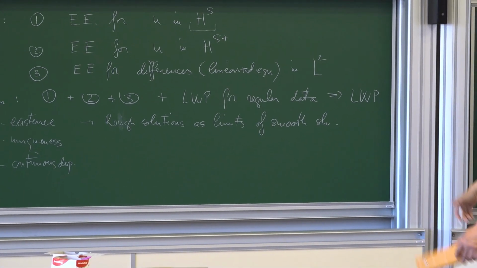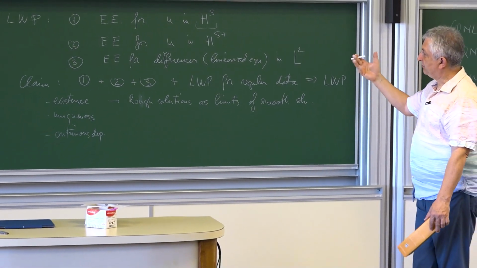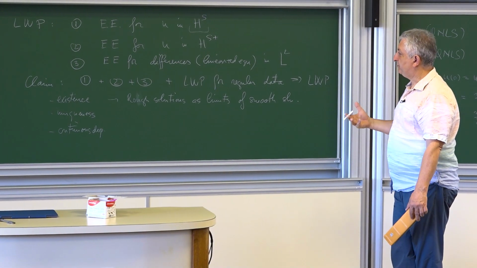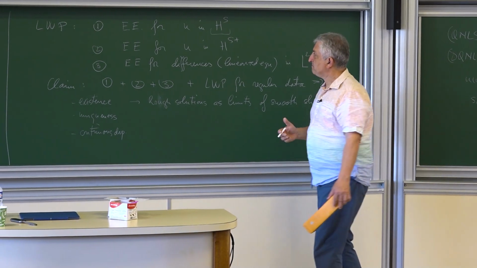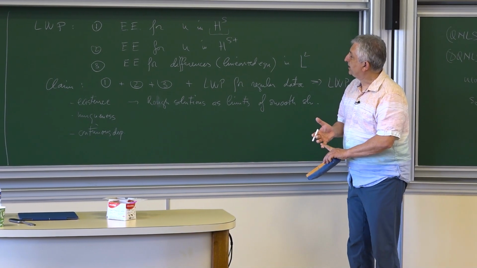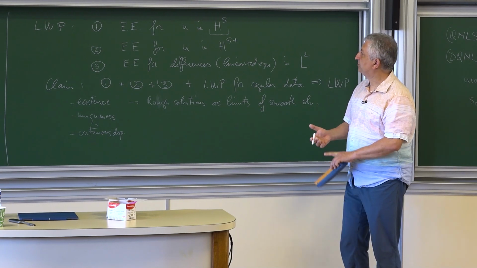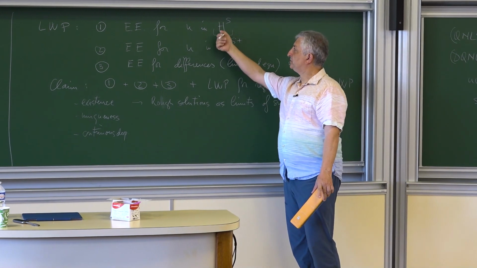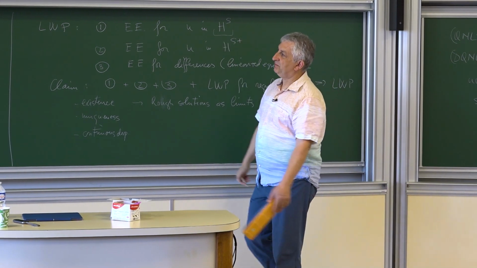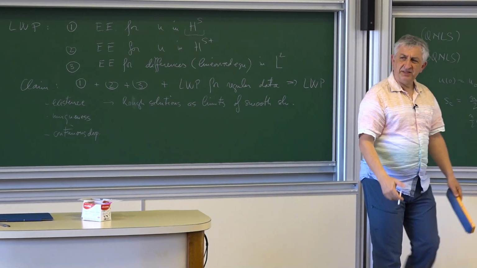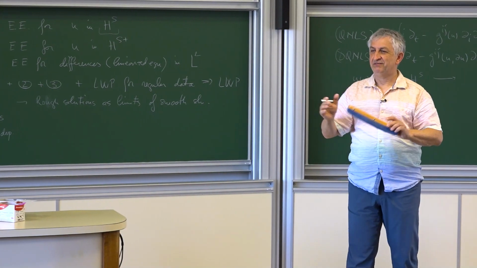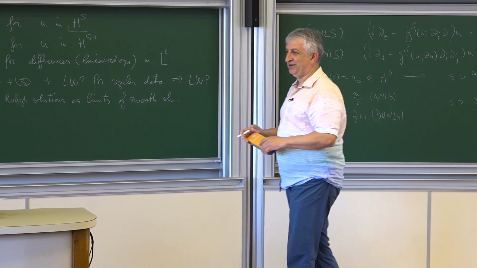And the kind of uniqueness that we can get for this kind of problems is a weaker form of uniqueness. The next stage would be to say we can get uniqueness for solutions which not only stay in HS, but satisfy our full family of estimates. And this is doable, but we didn't even do this, all right?